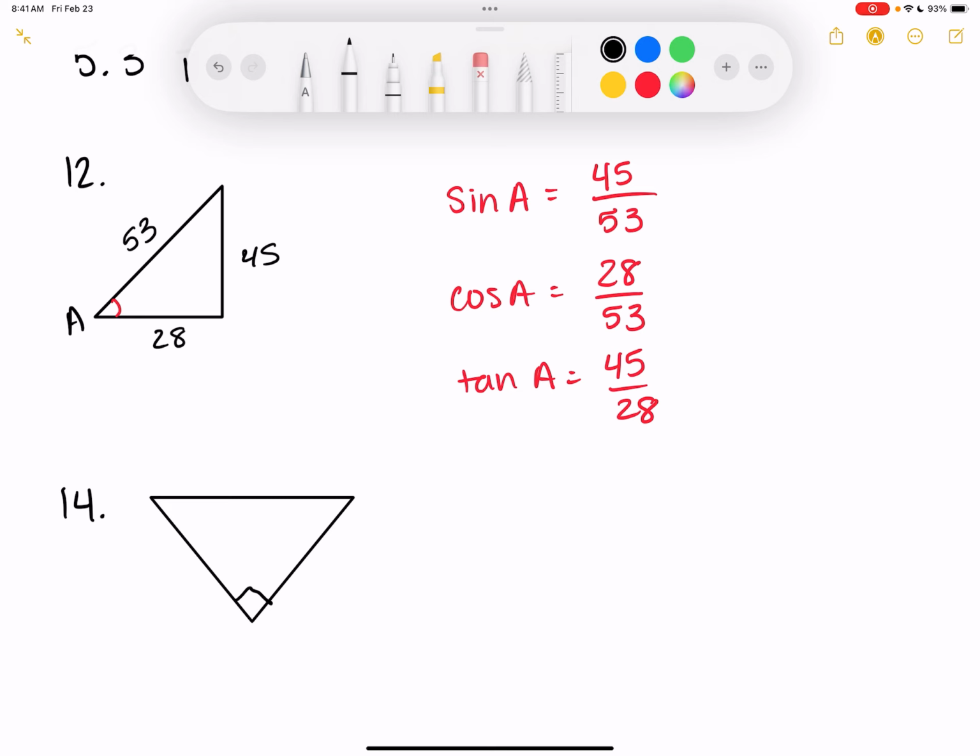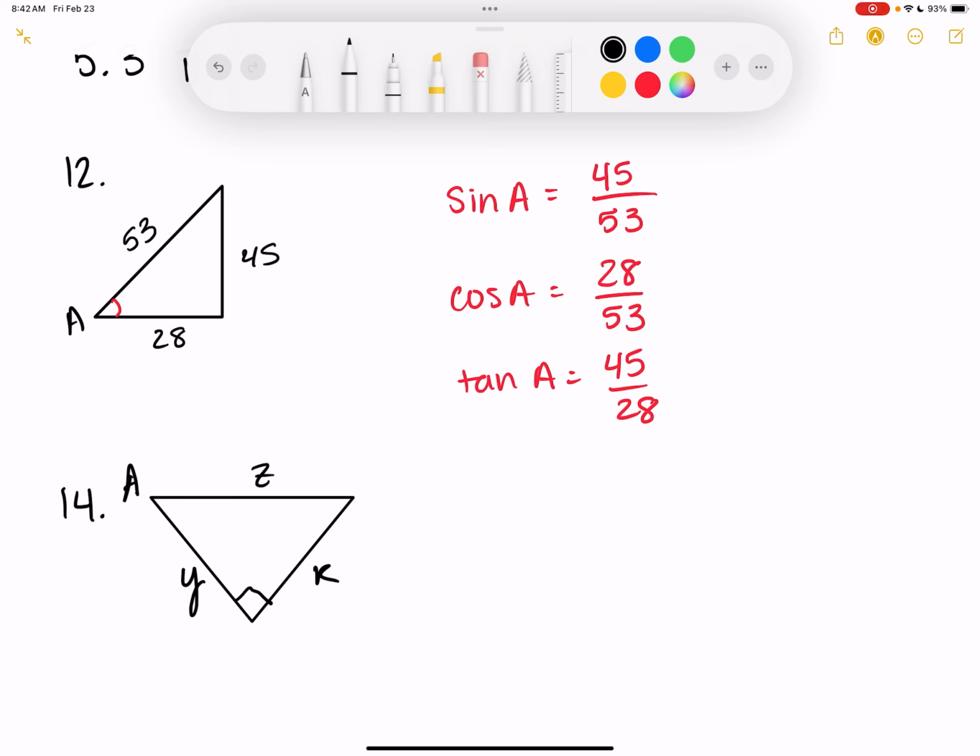Then they say that this is angle A here. This is side Z, side K, and side Y. This one's kind of weird because of the way it's oriented. It might be easier if you look at it like that.